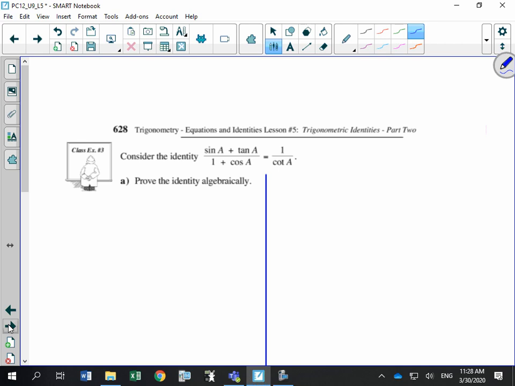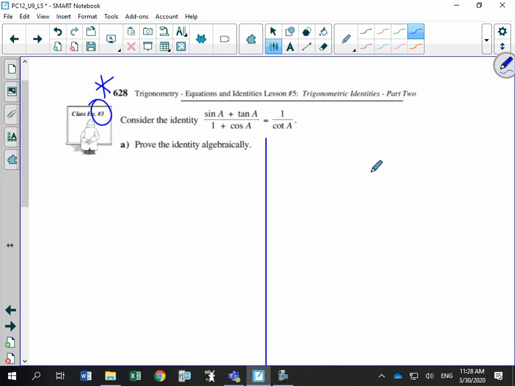For class example number 3, this one I would say is probably the most complex one. Again, I am going to start on the left-hand side, and I either want to get to 1 over cotan of A, or what is 1 over cotan of A?